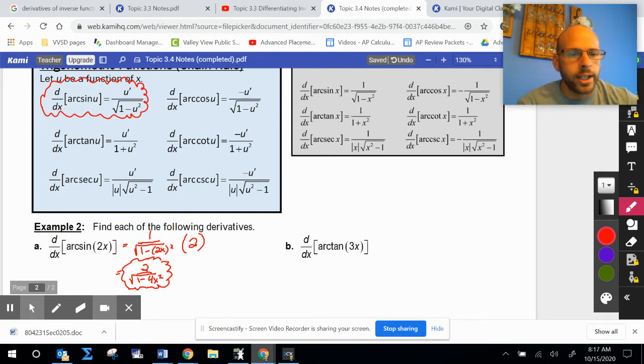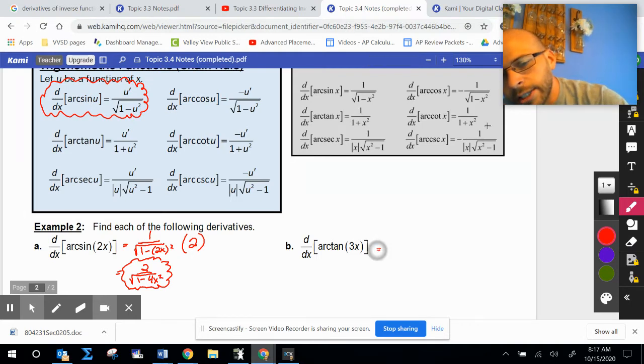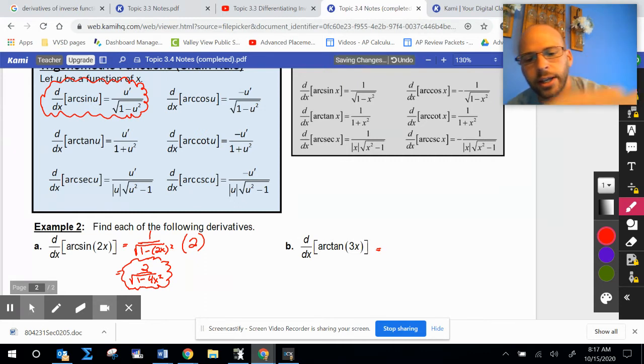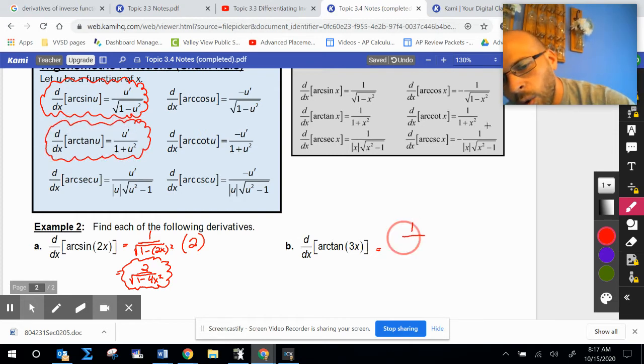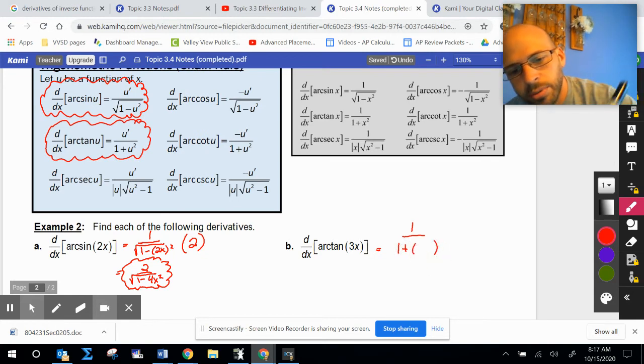All right, so let's do it again. Practice makes perfect. Derivative of arctangent, or tangent inverse, we're going to use this formula. So for the second one here, 1 over 1 plus whatever's in those parentheses, in this case 3x squared.